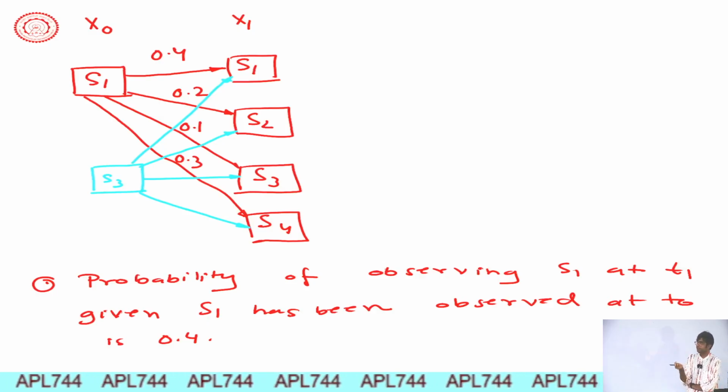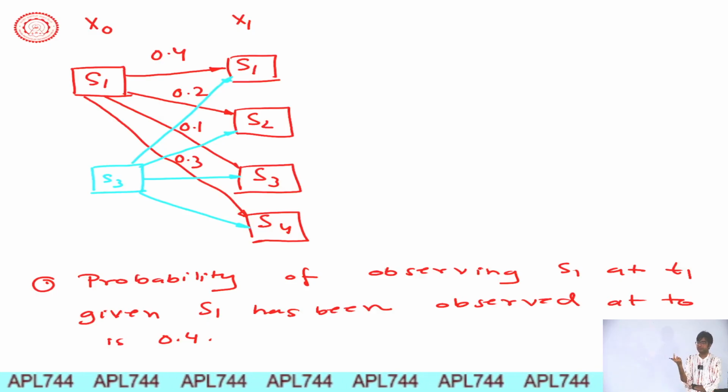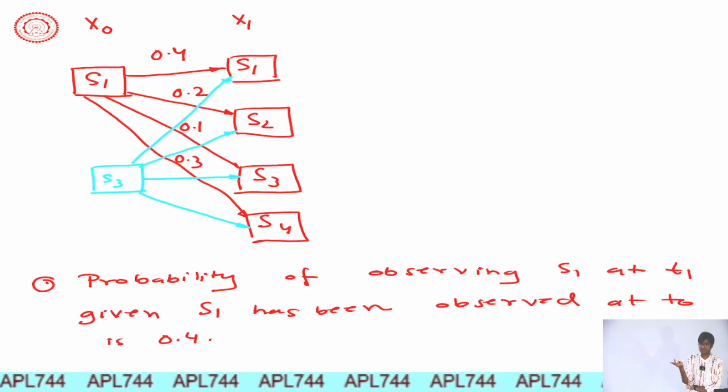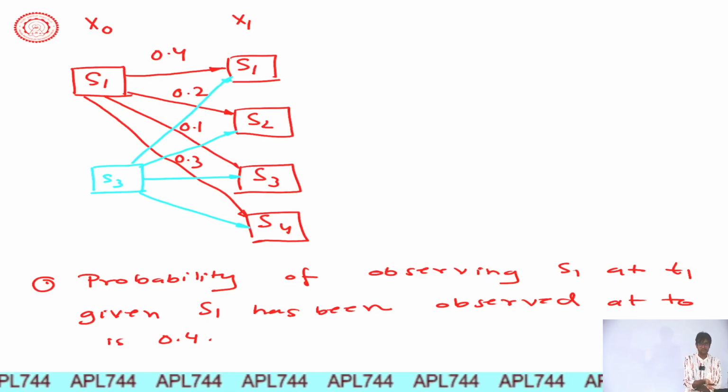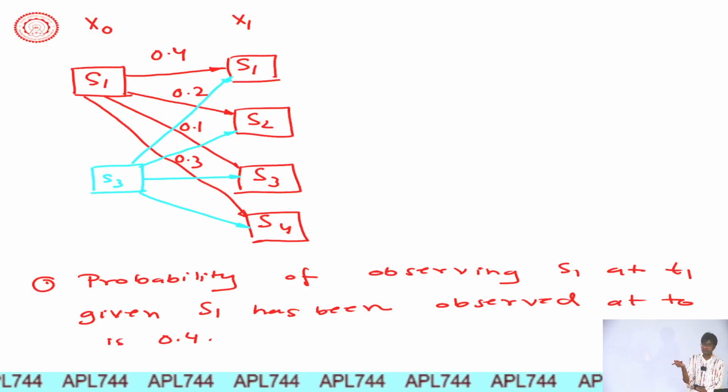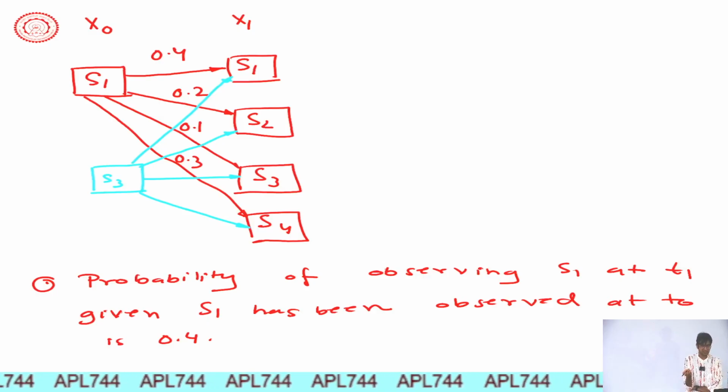But will these probabilities be the same as before, or do you think they will be different? Different, because given that my belief at x0 has changed, my belief at x1 should also change, right?